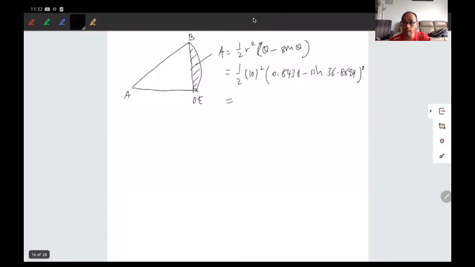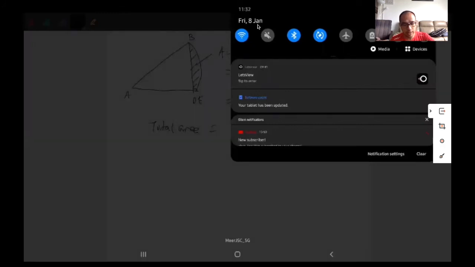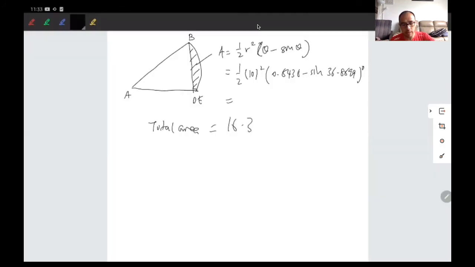Then you get this one. Then, because the one beside is the same, you just times 2 lah. So the total area, I'm just going to give you the final answer, is about 16.35 centimeter squared.